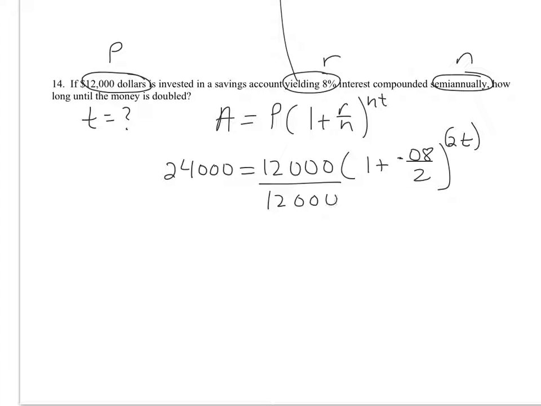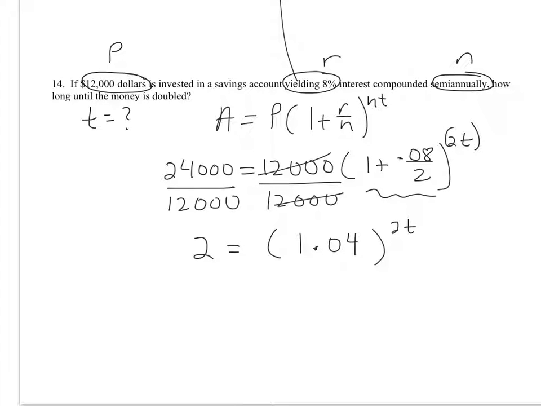So first divide by 12,000. So we'll get 2 equals all this stuff to the 2t. So all this stuff in here I can just put in the calculator, and I get 1.04, because 0.08 divided by 2 is 0.04, and then add 1. So then I can change it to log form. So the exponent 2t will equal log base 1.04 of 2.